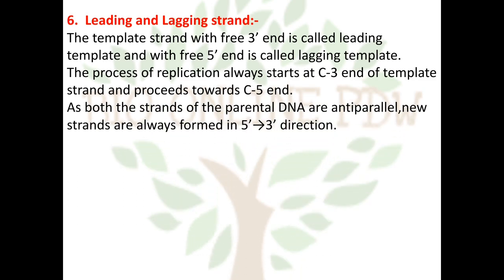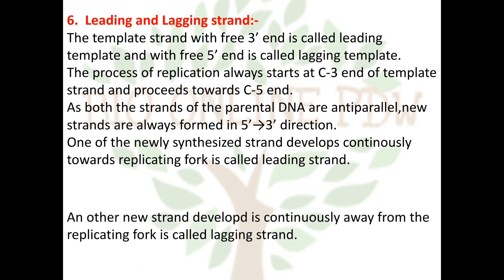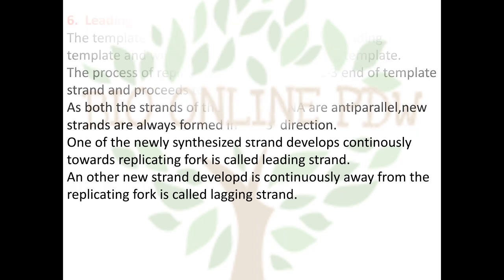As both strands of parental DNA are anti-parallel, new strands are always formed in 5' to 3' direction. One of these newly synthesized strands develops continuously towards the replicating fork and hence is called leading strand. And the other new strand, developed discontinuously away from the replicating fork, is called lagging strand.